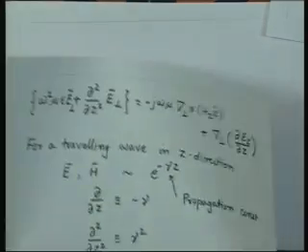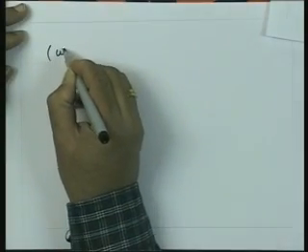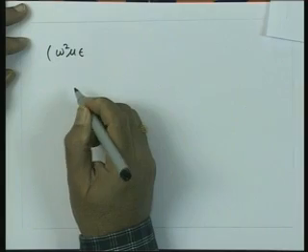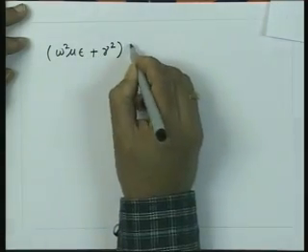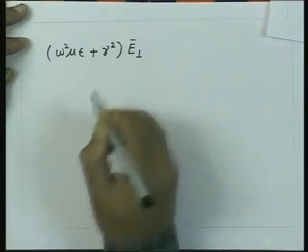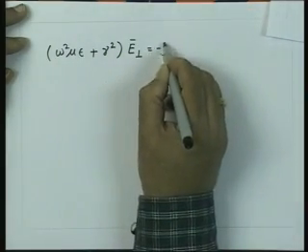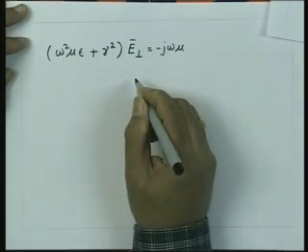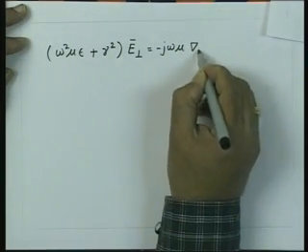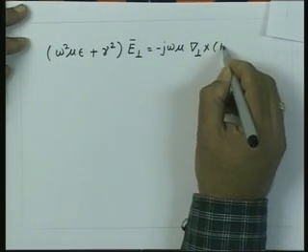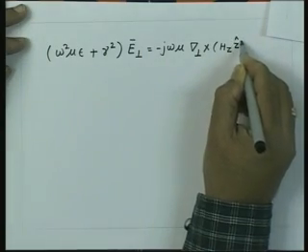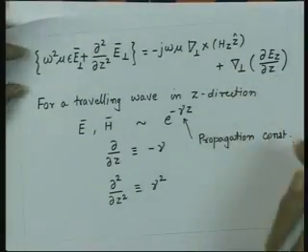Once I do that, I get the expression omega square mu epsilon plus gamma square times E transverse, that is equal to minus j omega mu del transverse cross Hz z, plus this quantity, and d by dz is multiplying by minus gamma.